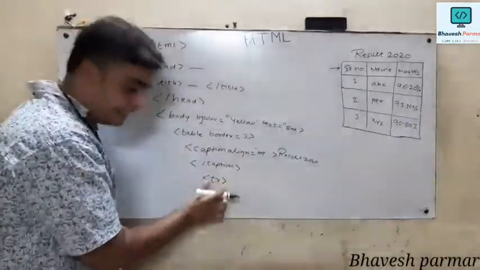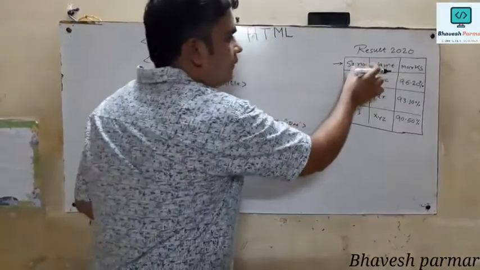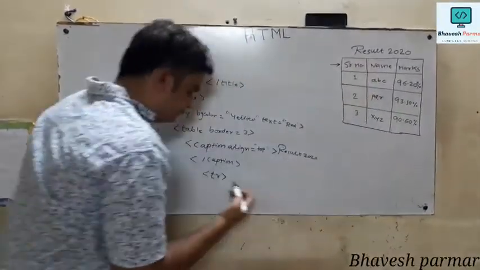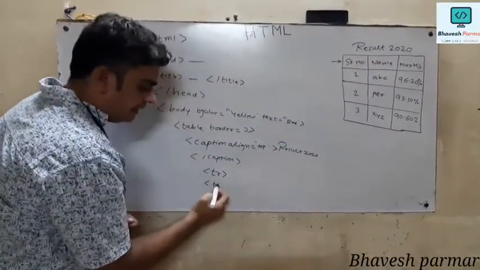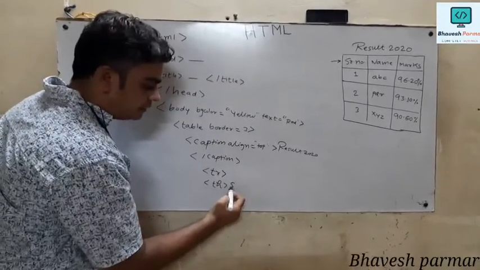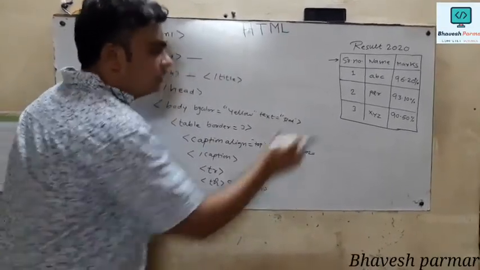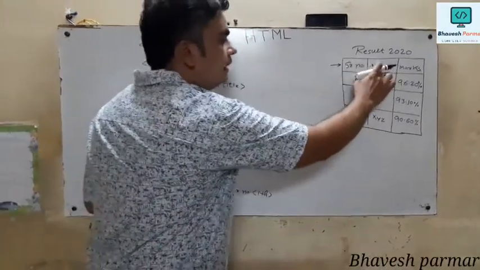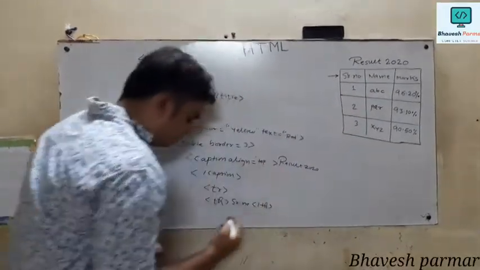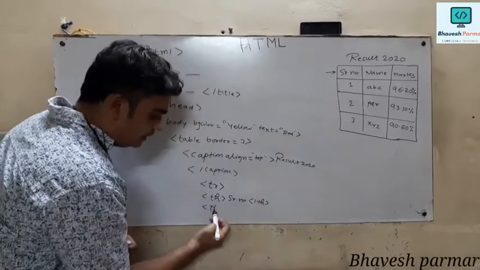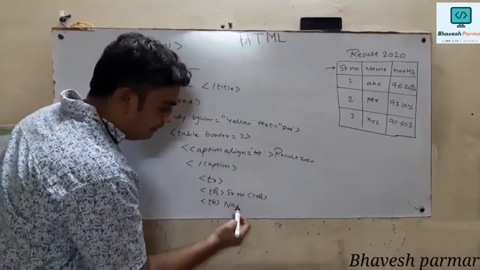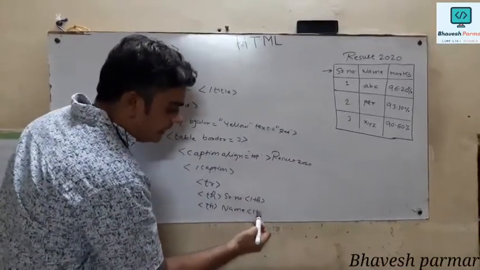TR represents table row, and in the first column serial number is there. So how can I represent it? On the next line I write TH serial number slash TH. This is my first heading. Thereafter what is my next heading? Name. For that purpose I again use TH name slash TH.